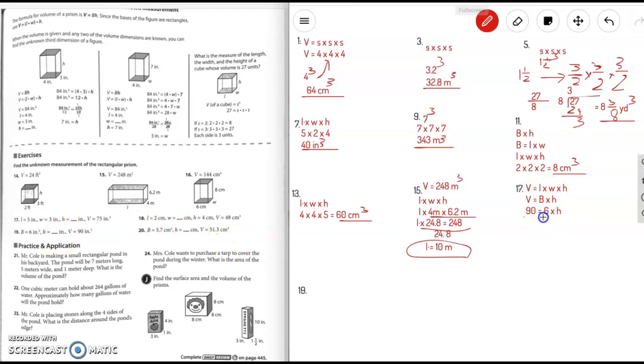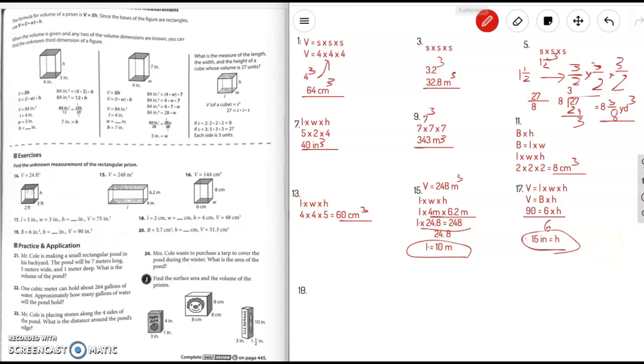So again, we're just going to do the inverse operation. So 90 divided by 6 is 15. So 15 inches is the height.